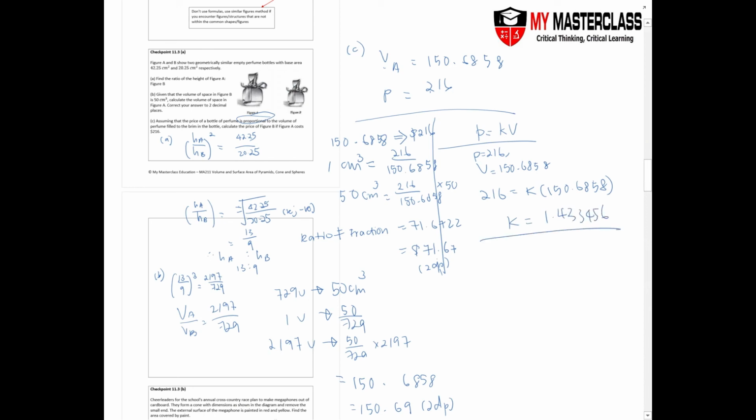So then let's apply again. When V equals 50, you have P equals 1.433456 times 50. This will give you 71.672280, so 71.67. So these are the two different methods that you can approach.